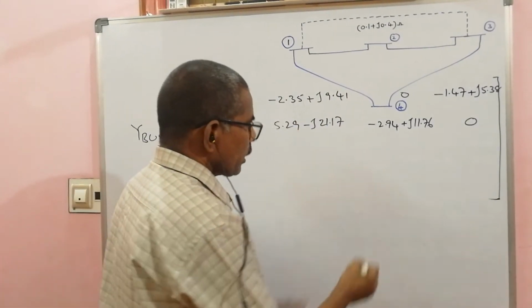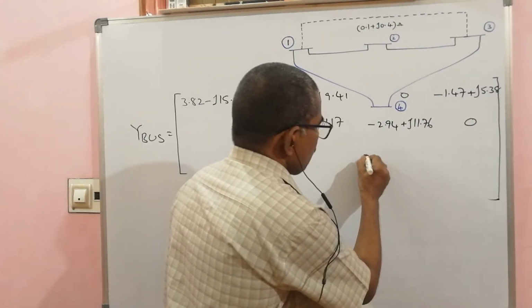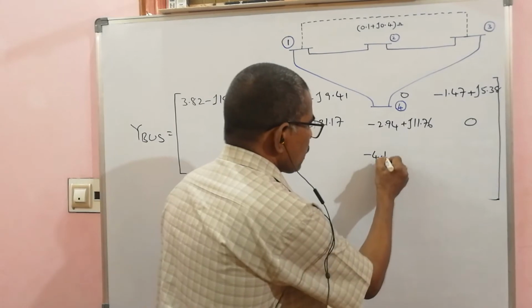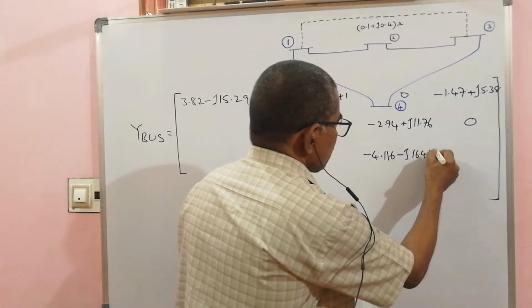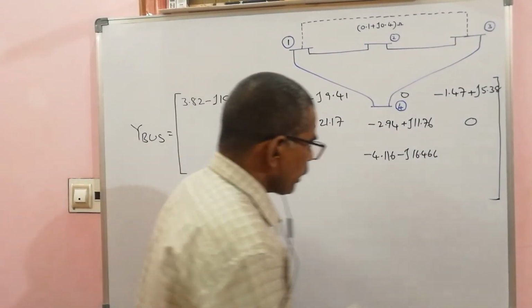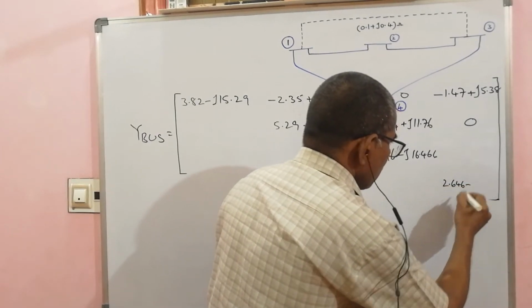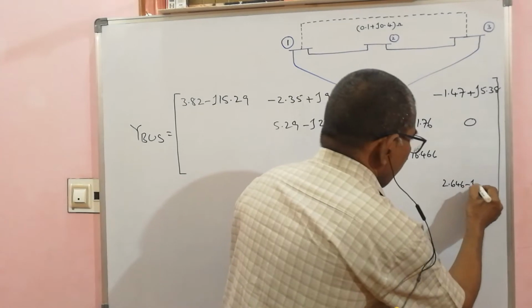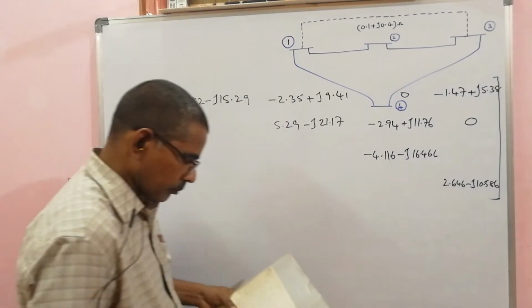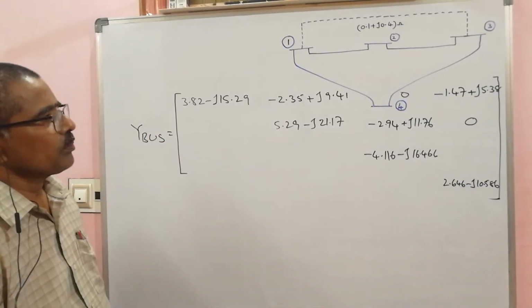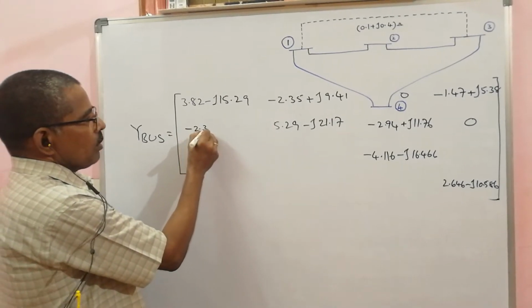Then Y33 is 4.116 minus j 16.466. Finally Y44 is 2.646 minus j 10.586. So these are the values. You can fill up the rest out of symmetry.